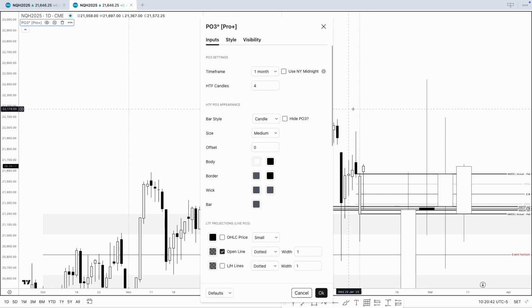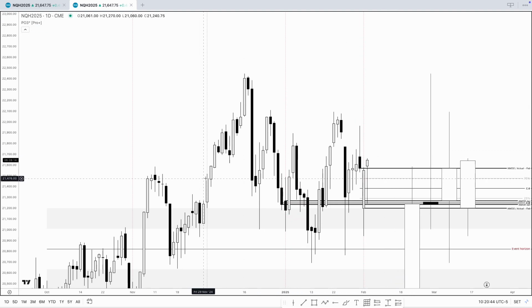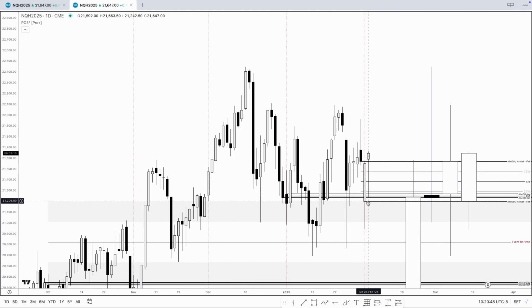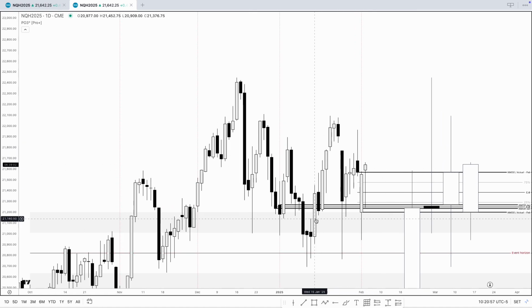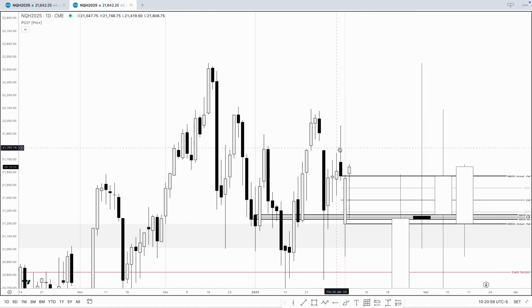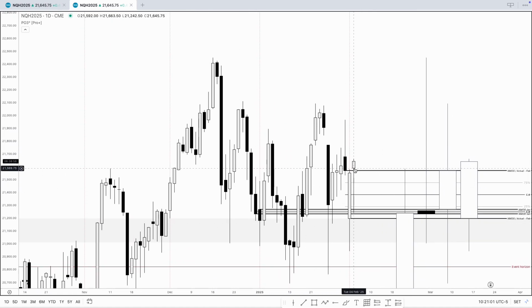This is a monthly candle. You can see how all the monthly opens now are below this one. In close proximity from February, we have January inside of this current monthly opening.